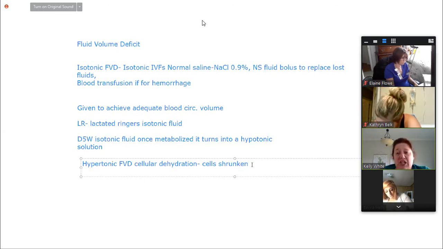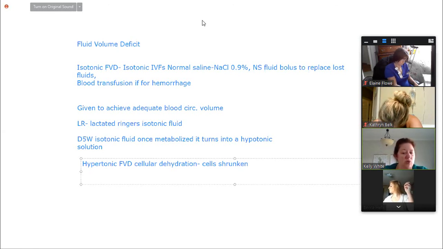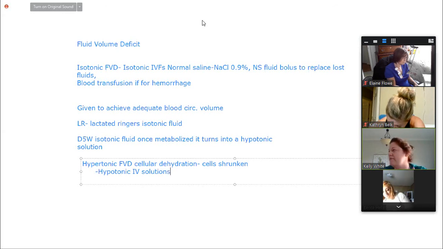So we need to figure out how to get fluid back into that cell to rehydrate it, okay? So we are going to give them hypotonic IV solutions, okay? So we're going to give them the opposite.